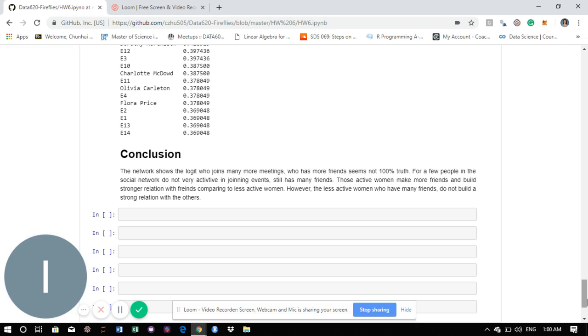But she might have a special function in expressing information to the rest of the others. The others like watching what that person produces to the outside, but it doesn't mean she has more extended relationships with the others. This is the outcome we found in homework assignment 6. Thank you.